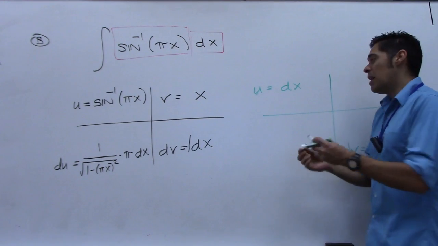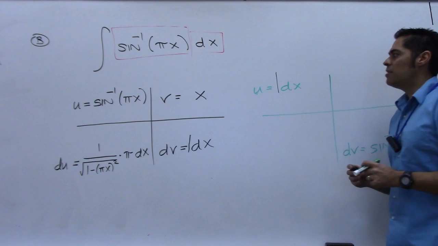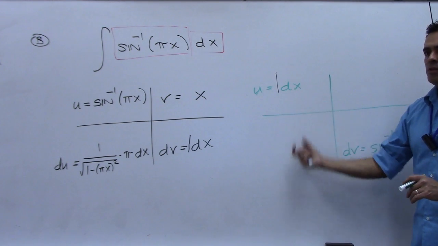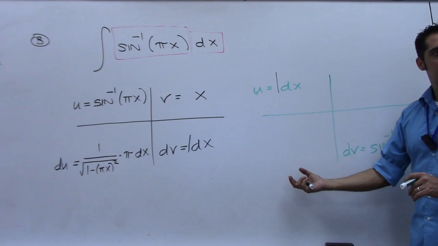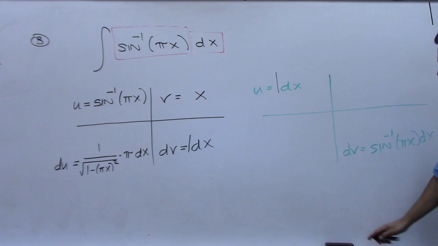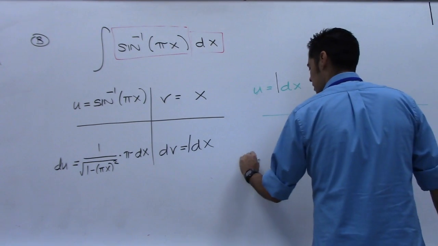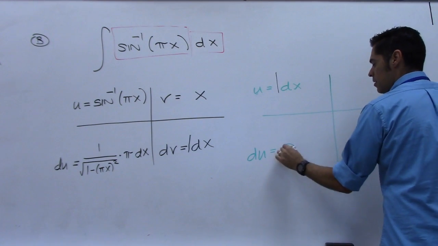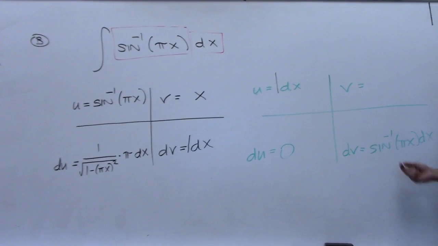Understand? Another way you can look at it is, if you choose that to be 1 dx, what's the derivative of 1? It would be 0, right? And then, look, this is so ridiculous. I don't think I've ever shown students this before, but if this is 1, the derivative of 1 is 0, and then v right here, well, I don't know what it is.